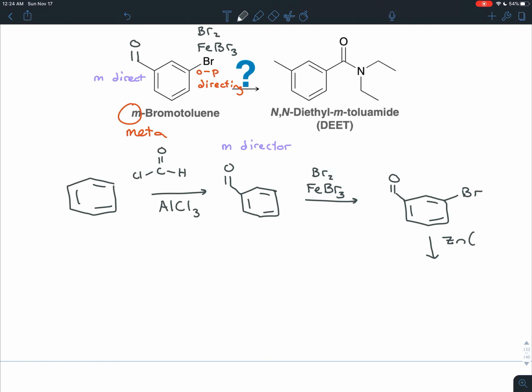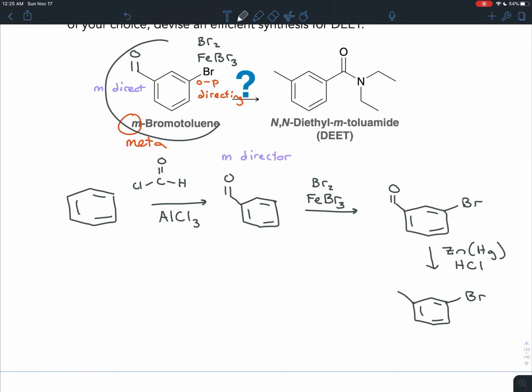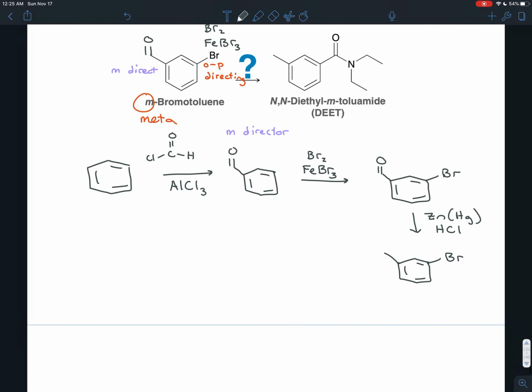You'd use a zinc-mercury amalgam, so that you just take zinc metal and smush it together with mercury metal. You get that amalgam, and you dunk that into HCl acid, and that'll reduce the carbonyl that's conjugated with the aromatic ring. So now we have our metabromotoluene. So you can see how we can make metabromotoluene just from the vapors of gasoline, benzene.